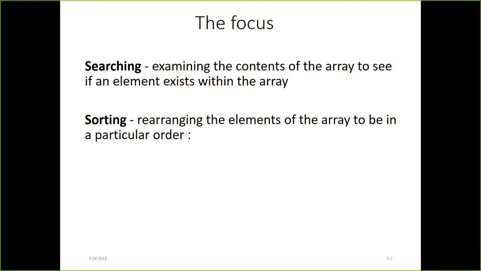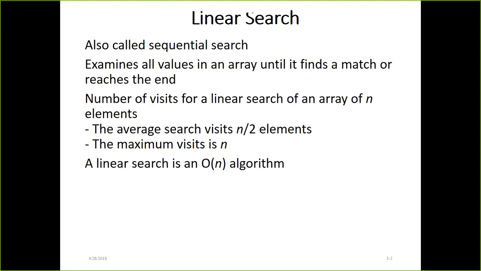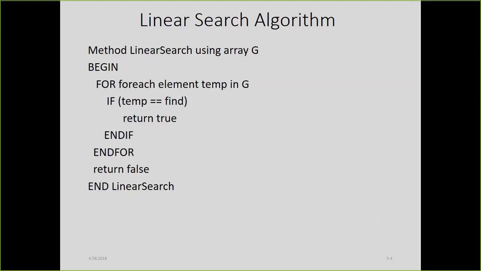I think everybody knows this, and we have discussed this in your previous class. I will go through this quickly, but at any point if you have any question, please let me know. Searching algorithms are apparently easier than sorting algorithms. For the worst case in a searching algorithm, if the element does not exist in the list, then you have to search all the elements one by one, starting from the first element, second element, third element, all the way to the nth element.